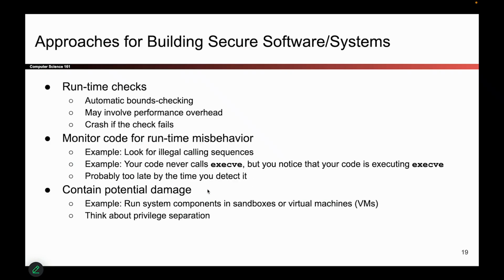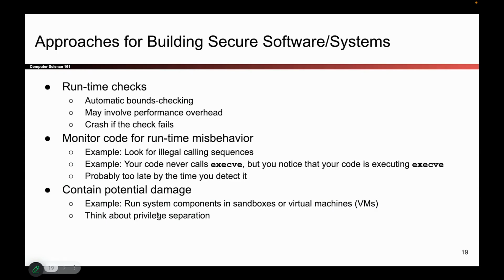And another approach is if we know that these attacks are going to happen, maybe something we can do is at least try and make it so that the potential damage isn't too bad. So for example, if I'm running a piece of C code and I run it as the administrator user, well, that's pretty bad, because if anyone exploits my program, they now have total admin control over my whole system.